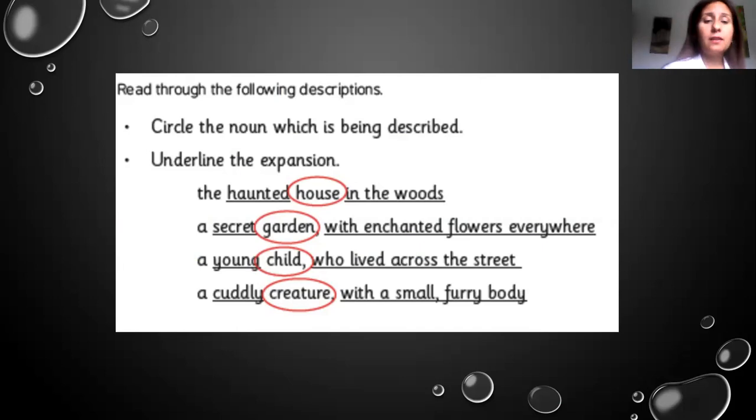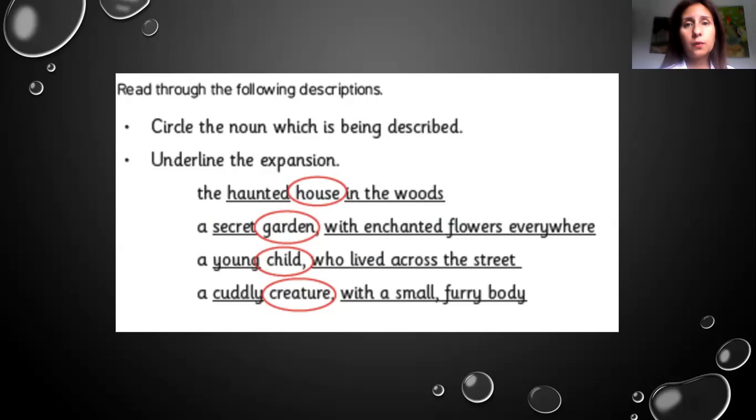In the second example, a secret garden with enchanted flowers everywhere. Notice with enchanted flowers, you also have an adverbial phrase as post-modifier. In the third one, a young child who lives across the street.